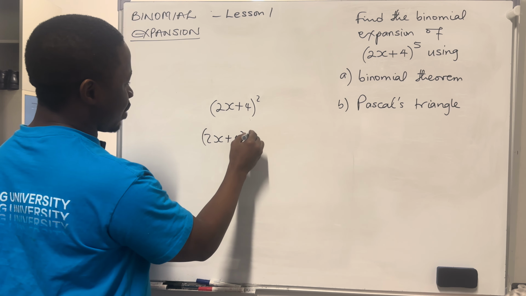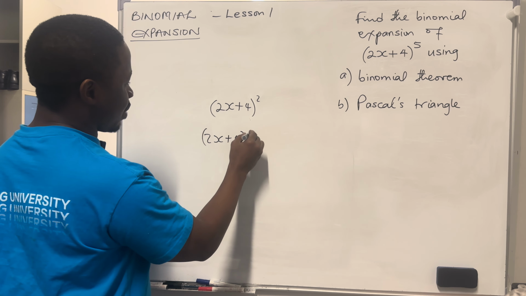This one starts, this one ends. 4 to the power 5. This one starts, do not forget, 2x to the power 5. So what happens to this? This one will end the process, 4 to the power 5. I hope it is clear. This one decreases in power, this one increases in power.